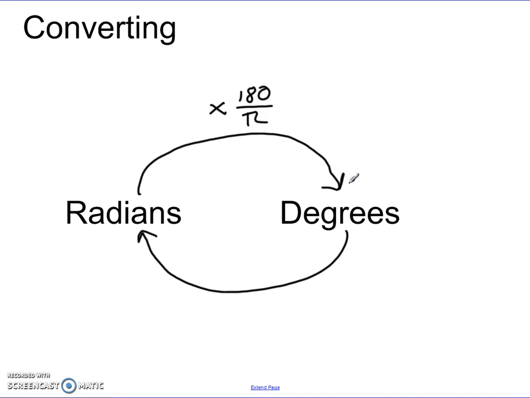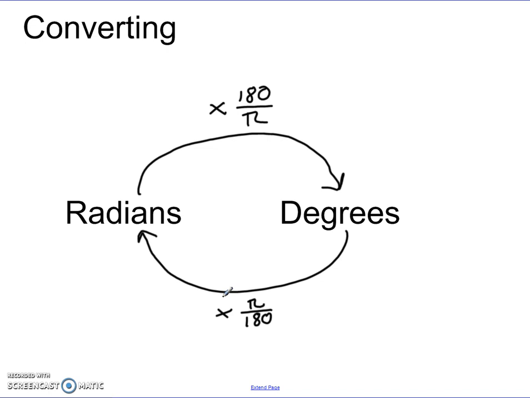If I do that, I will get the measurement in degrees. Similarly, if I want a measurement in degrees turned into radians, all I have to do is times that by pi over 180. If I do either of these two steps, I'll be able to convert any measurement from radians to degrees or vice versa, and I'll be able to work with them.